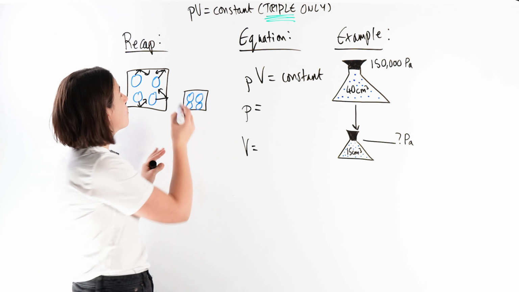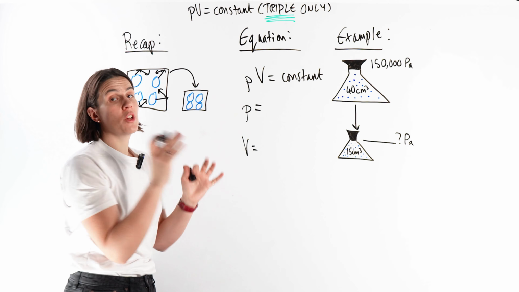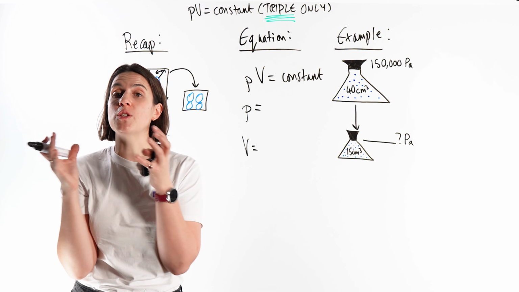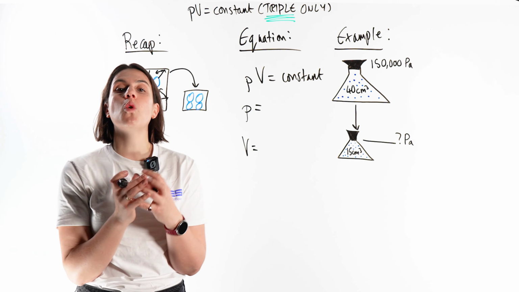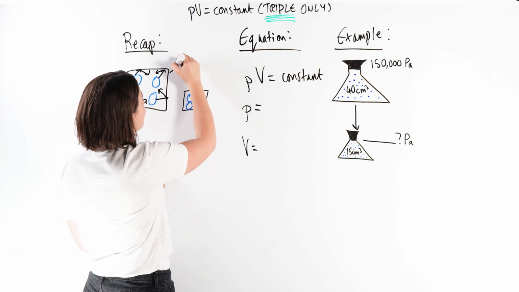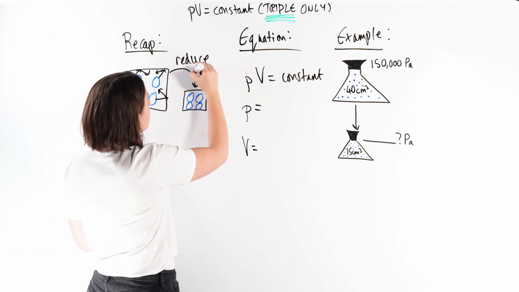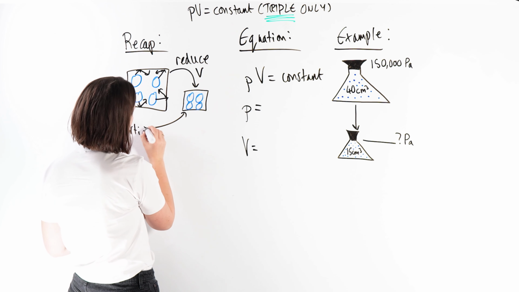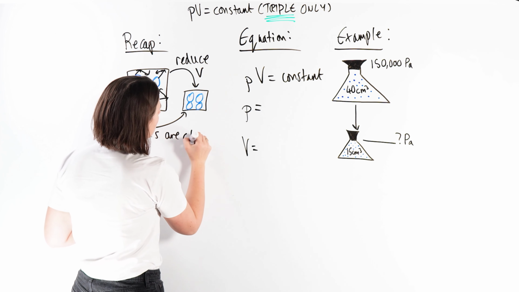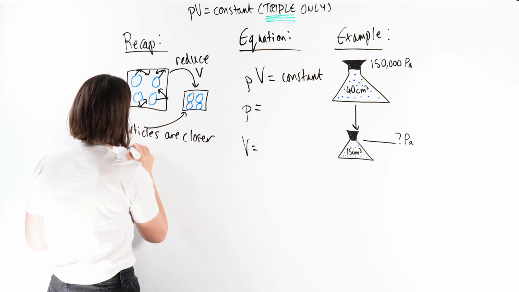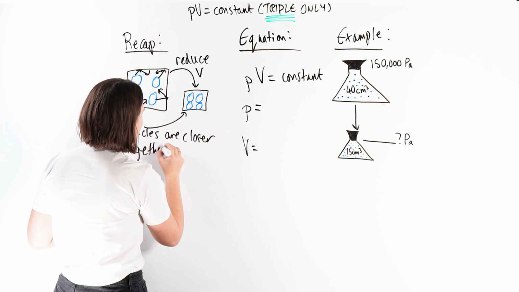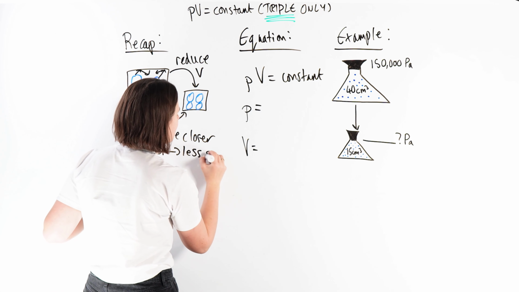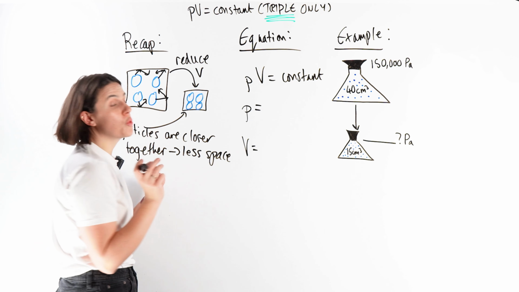Now, if I reduce the volume, so I squash the same number of particles into a smaller volume, I'm squashing those particles closer together. So the particles are closer together and have less space between them.